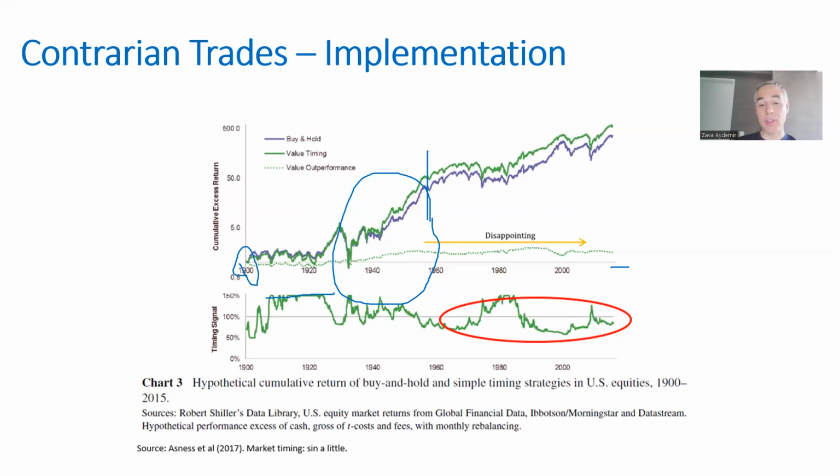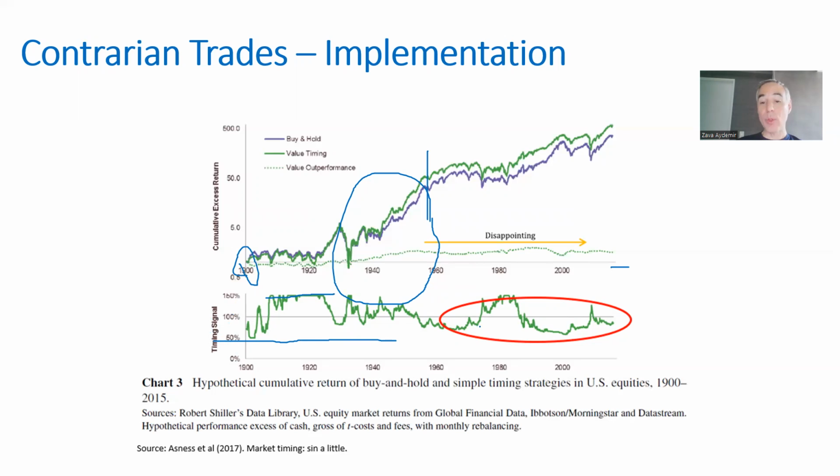So let's say you have 100,000, you will go 150,000. And if the signals indicate that stock valuations are very rich, then you would reduce those holdings to 50,000. So your floor is at 50%.